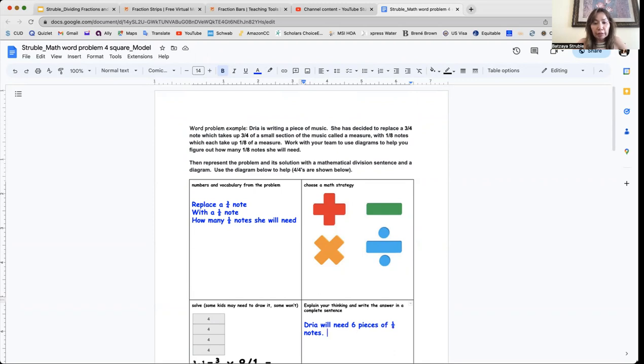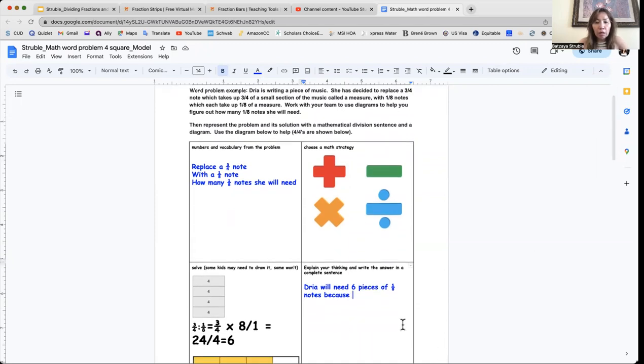And again, it says explain, right? So notes because 1/8, because 6 pieces of 1/8 notes can fit into a 3/4 note.